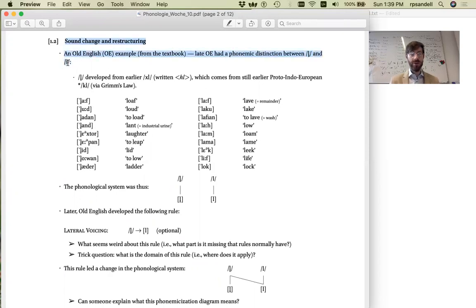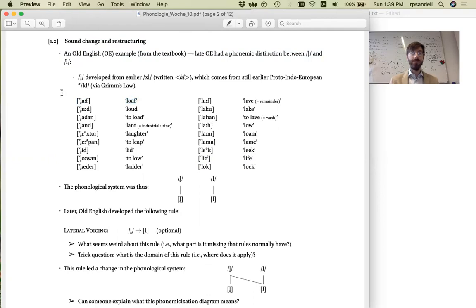The voiced lateral approximant would be the normal sound that we hear in English words like life and leak, here given with their Old English pronunciations, in which the vowels in particular were somewhat different. But words which today in present day English have this same sound, this voiced lateral approximant, were voiceless. So we had hlaf, for instance, for the word for loaf, German Leib, for instance.